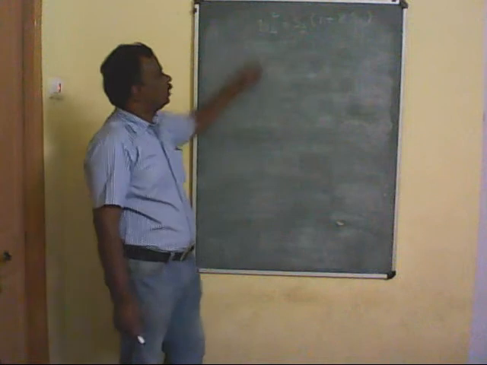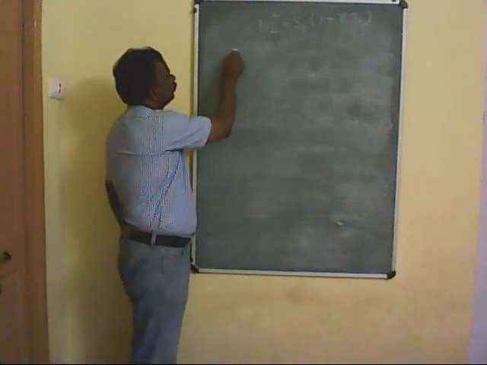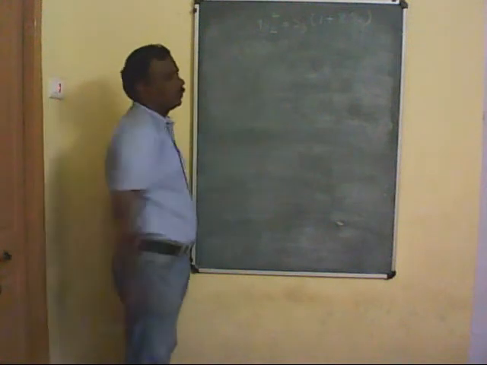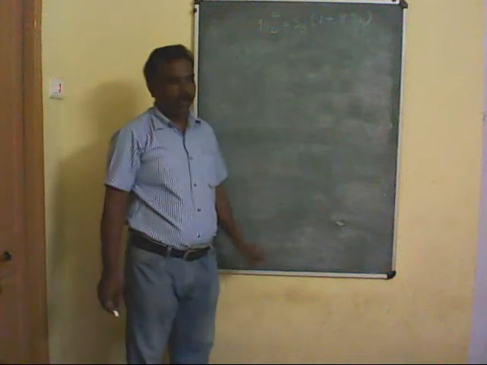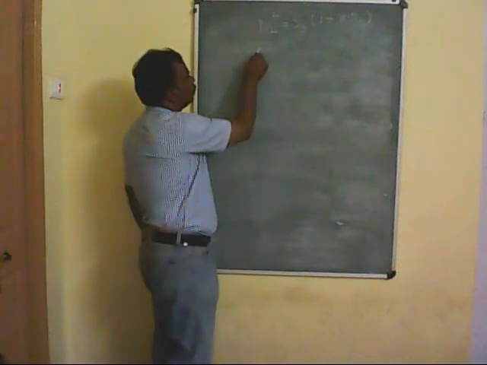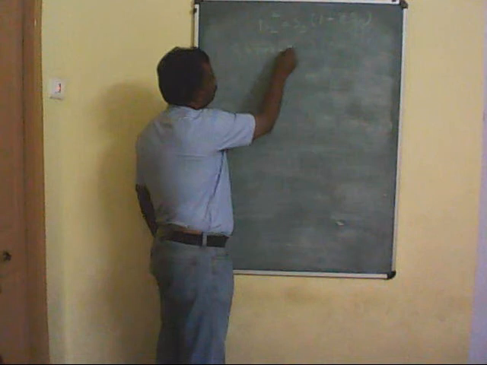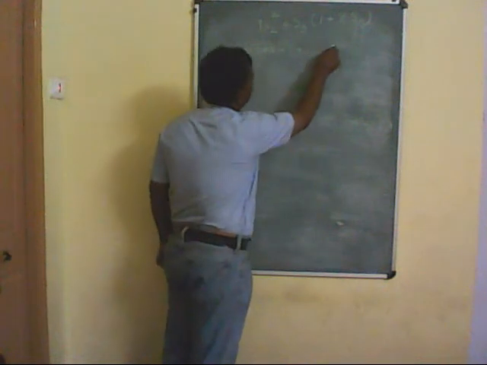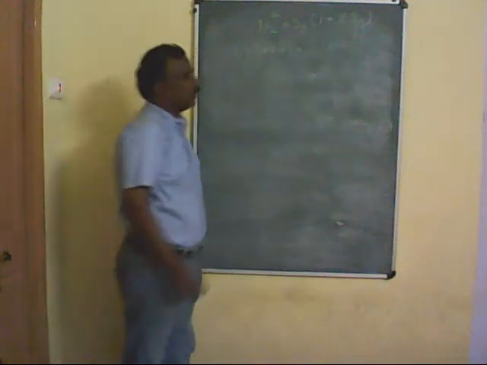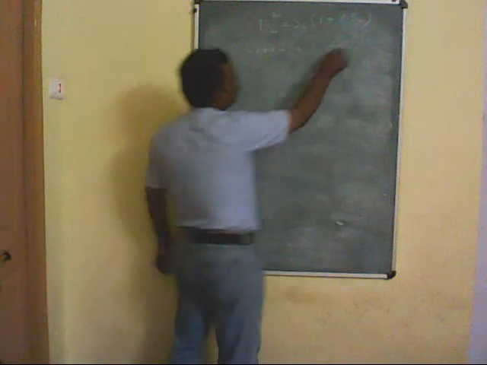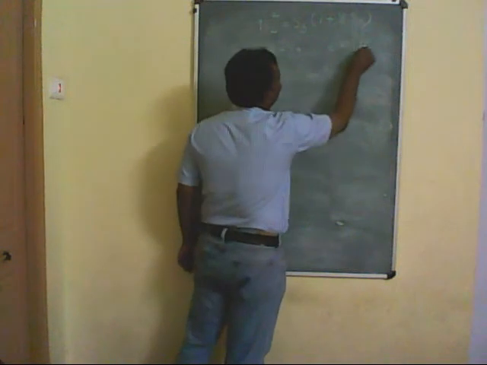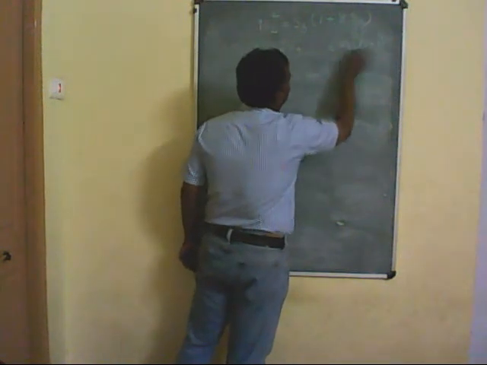So as we know, what is s1? s1 is equal to the sum of the first n natural numbers, that is 1 plus 2 plus 3 plus and so on, which equals n into n plus 1 by 2.